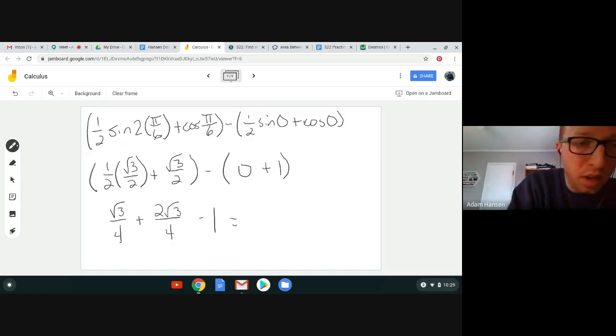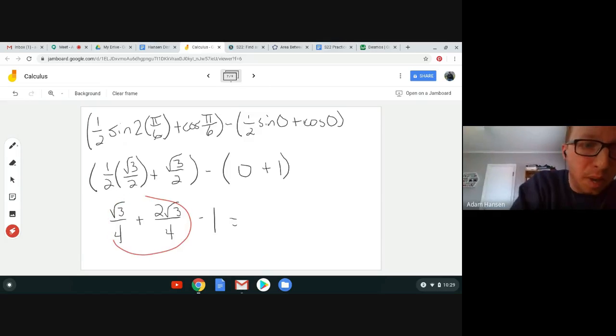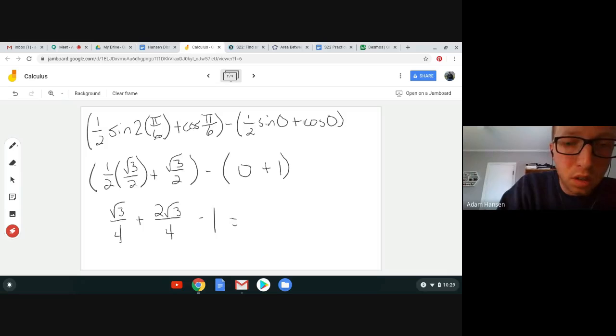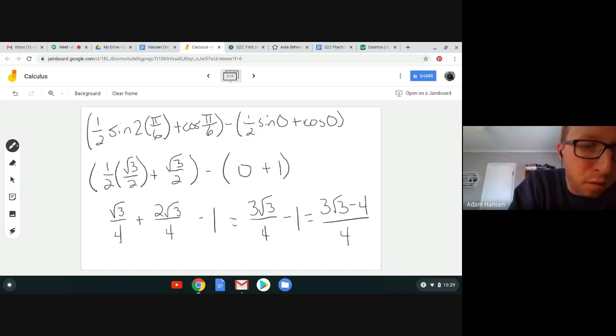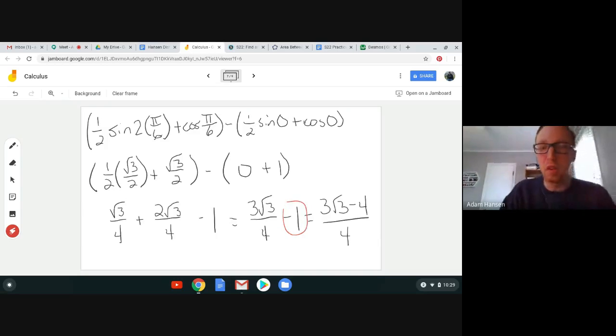When I simplify and combine these, it looks like I would have 3 square root of 3 over 4 minus 1. Or you could call that 3 square root of 3 minus 4 over 4. I can change this 1 to 4/4 and simplify further. Either of these two answers, I'm sure, are fine.